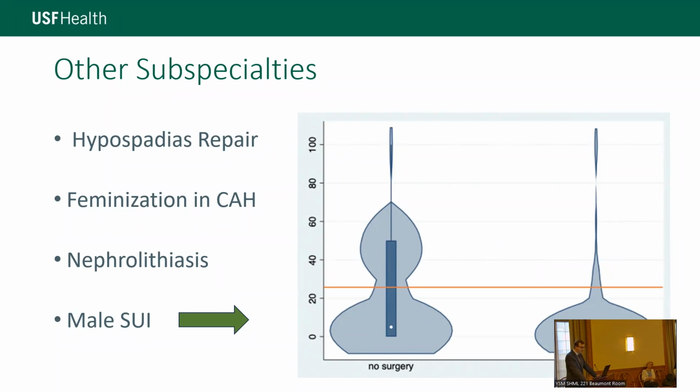And so in hypospadias repair, 11% of parents express significant regret in the decision that they made. And that decisional regret is associated with poor penile cosmetic appearance, feeling that the surgeon was not involved in helping the parents make the decision, and just overall lack of clarity during the decision-making process, which is kind of a theme, the lack of clarity and lack of knowledge.